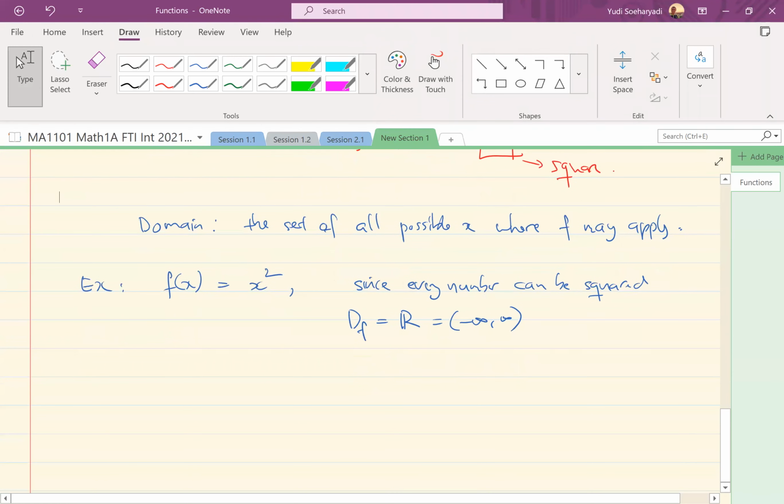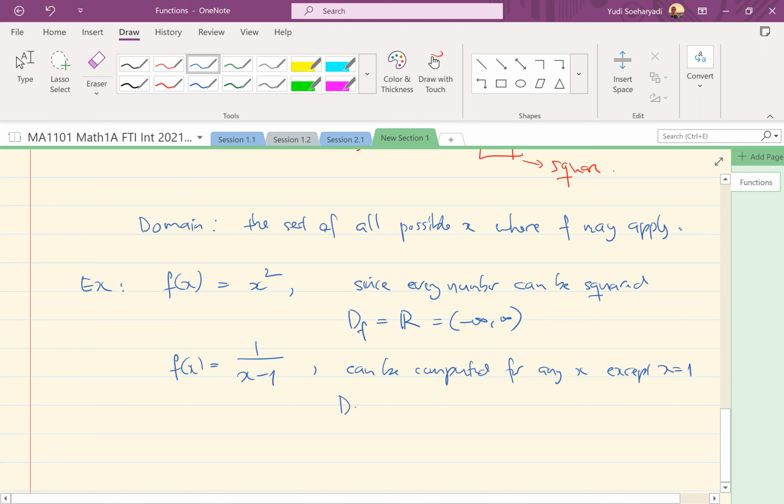Okay, in contrast, let's see, something like this: 1 over x minus 1, the reciprocal of x minus 1. You can compute this for any x except 1, right?